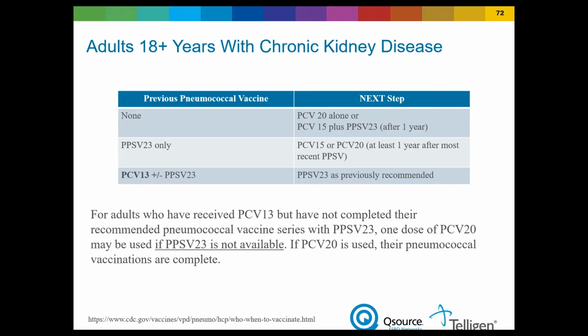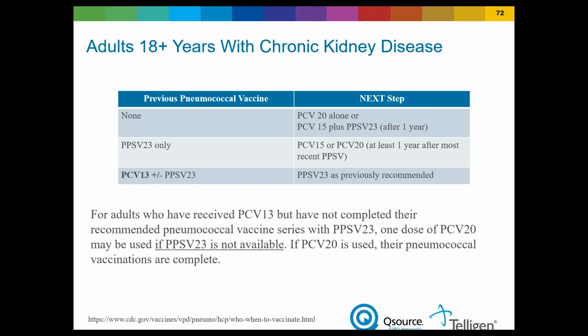So what are the current recommendations for patients over the age of 18 and with chronic kidney disease? If patients have never received pneumococcal vaccine, then they can receive only the PCV20 or the PCV15 with the polysaccharide vaccine 23 after 1 year.